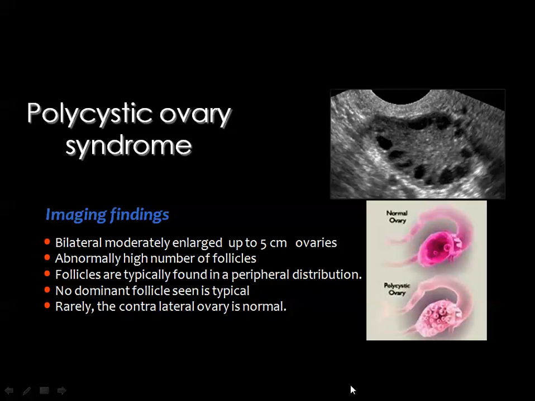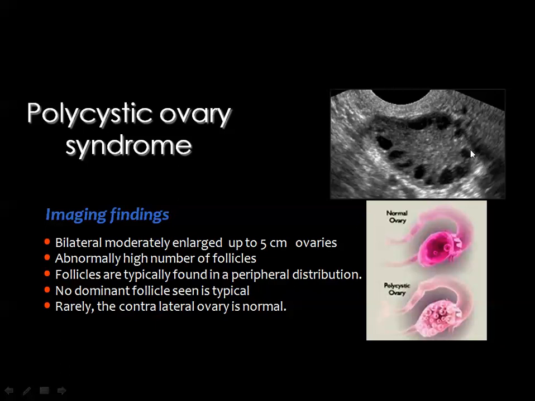In the imaging findings, you can see the ovaries are bilaterally enlarged, and there is an abnormally high number of follicles, and the follicles are found in the periphery of the ovary, with no dominant follicle.